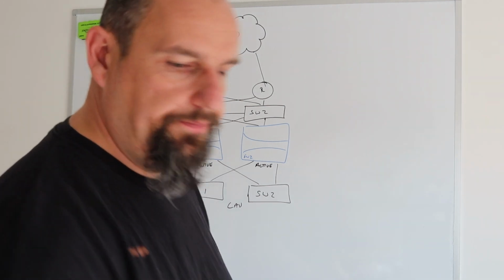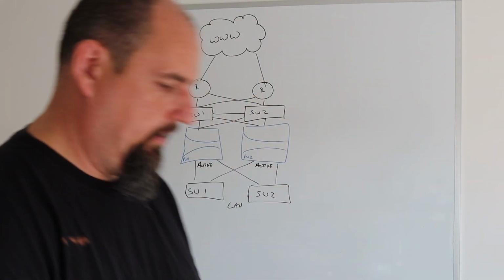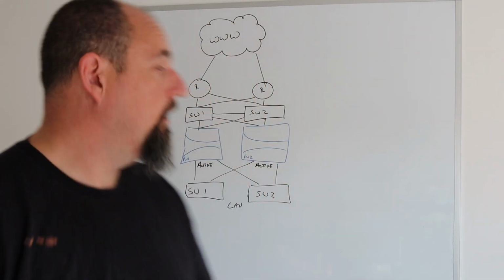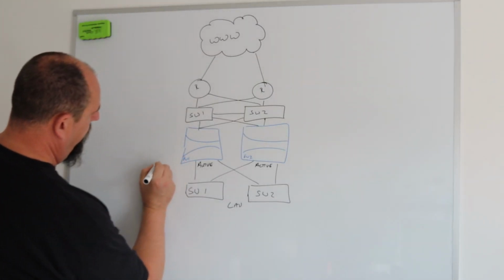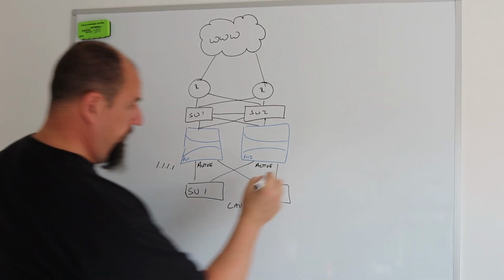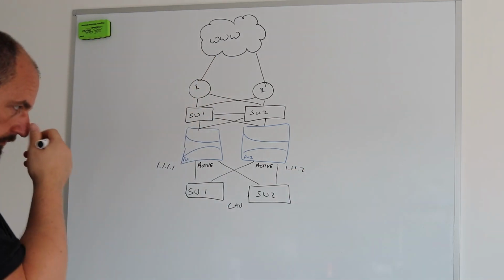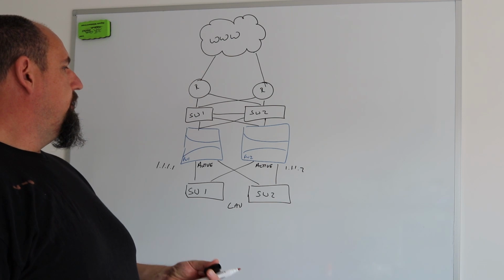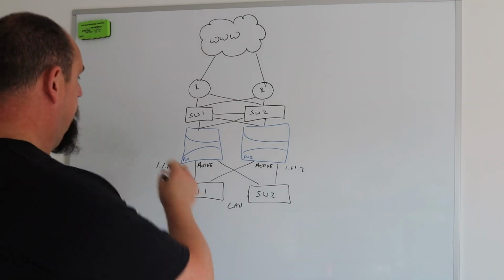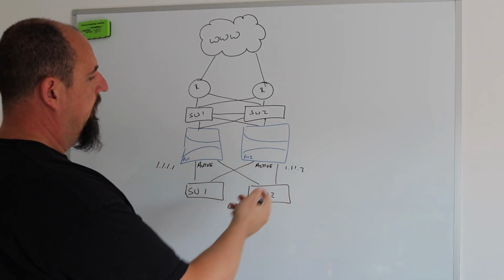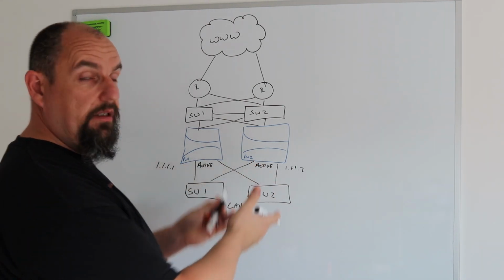One of the advantages of the floating IP is that if this is 1.1.1.1, that's its physical address, and this is 1.1.1.2, you would only be able to use this one or this one. If you put a floating IP in between them, then you have resiliency based on that.